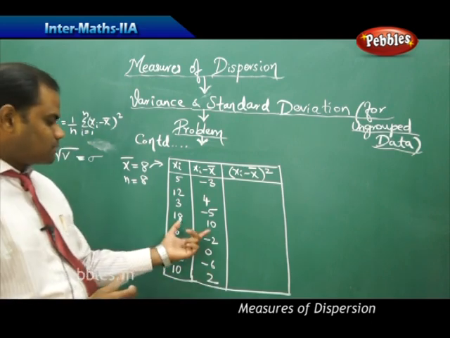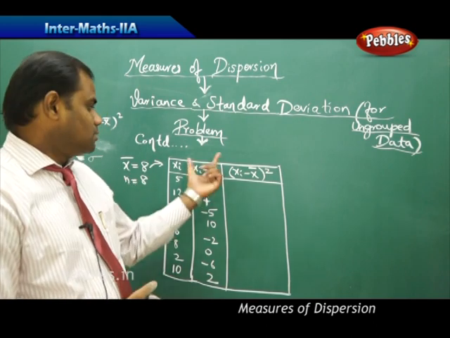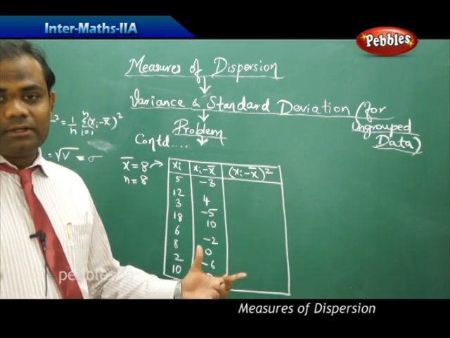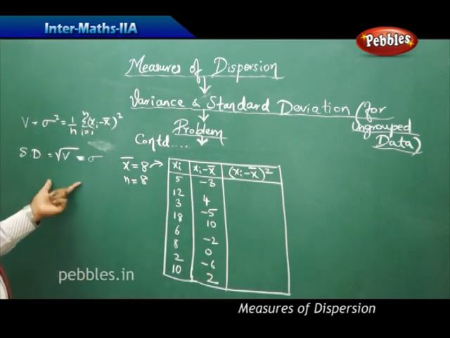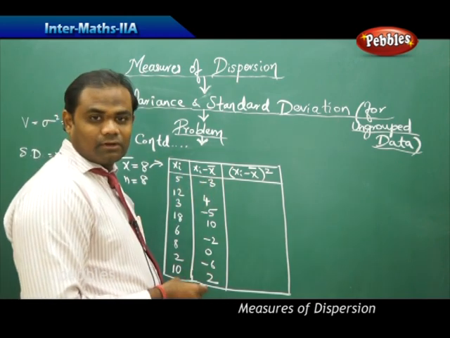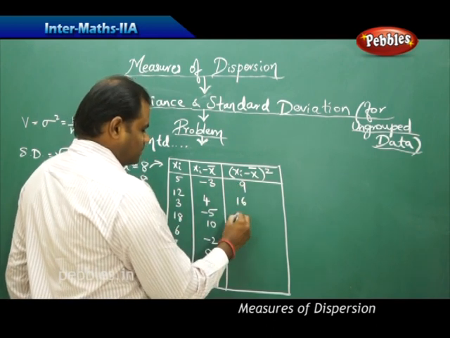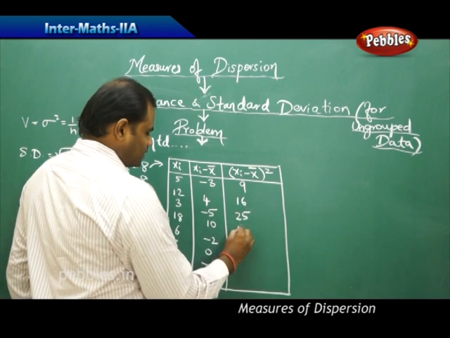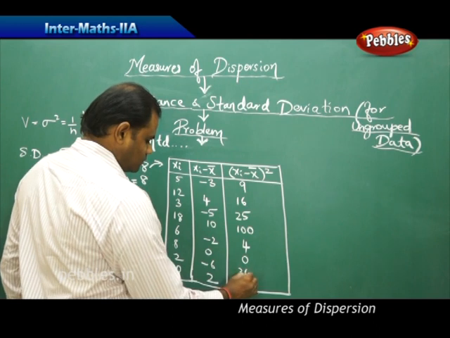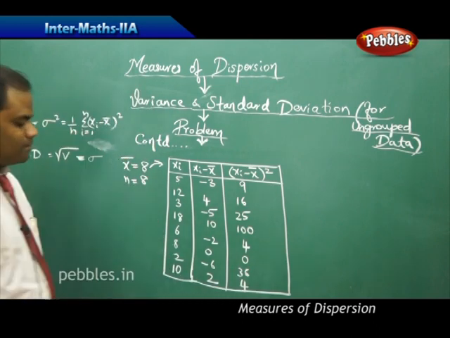Now I don't want the negative terms because they lead to cancellation of the entire process, thus nullifying. Therefore, I take the square of them in finding the variance or the standard deviation. So in order to find this, I'm going to square each of the second column. So minus 3 whole square is 9, 4 squared is 16, minus 5 whole square is 25, 10 squared is 100, minus 2 whole square is 4, 0, 36, and 4.